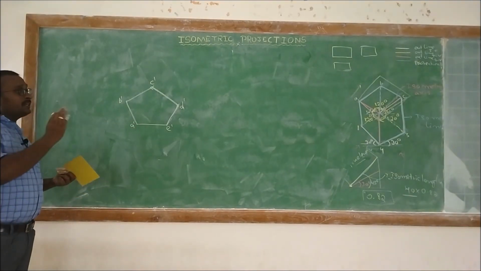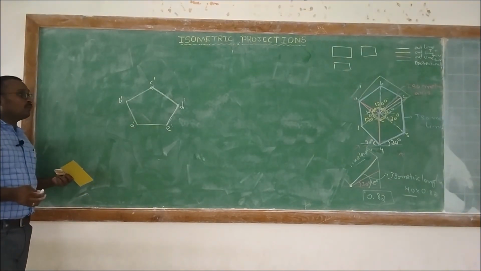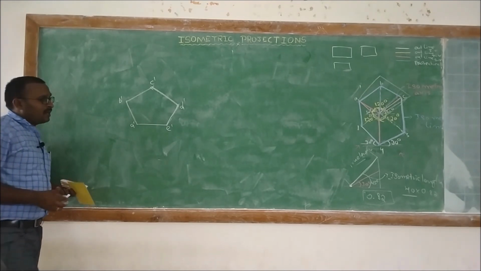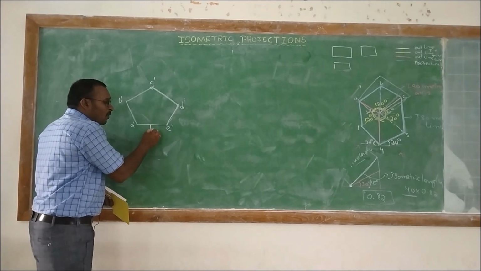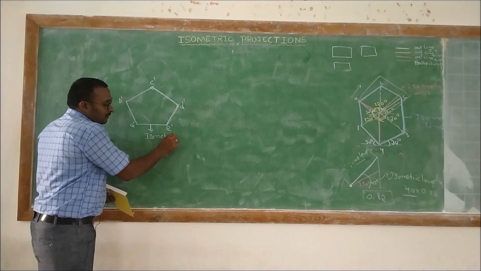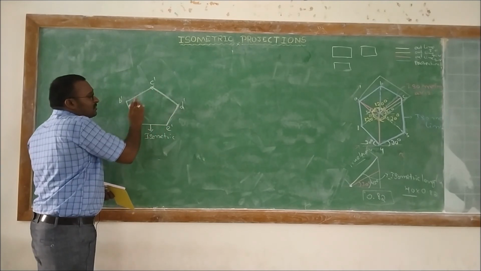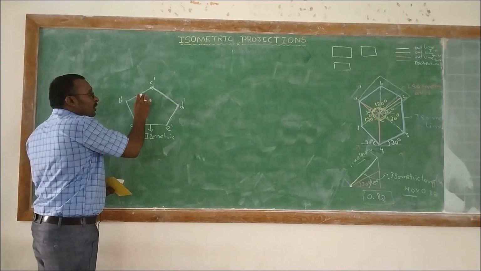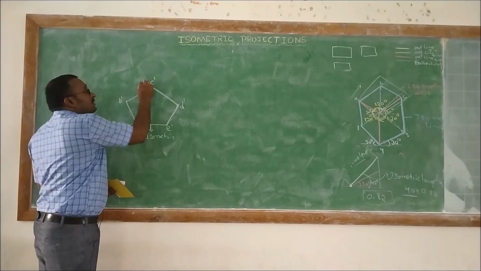We need to convert that into isometric view. Clear? So first, initially, we observe that there is only one isometric line. The remaining lines are non-isometric lines. Here, these 1, 2, 3, 4 lines are non-isometric lines.